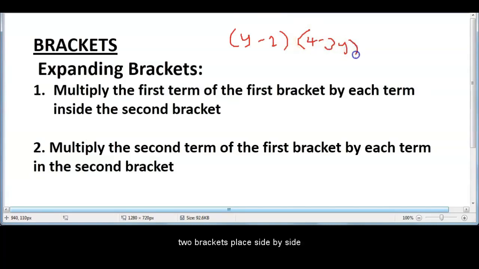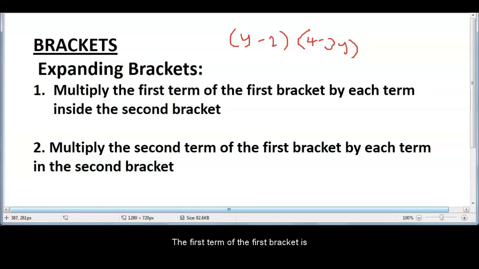These are 2 brackets placed side by side. So the first thing you need to do is to multiply the first term of the first bracket by each term inside the second bracket.